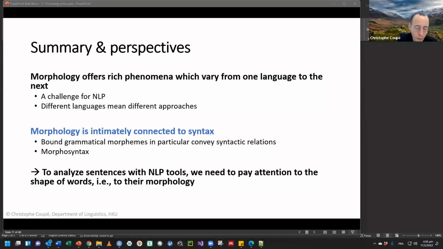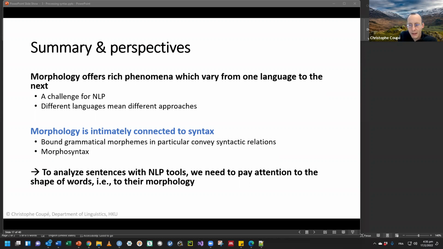That's something quite common in Bantu languages. If you want to do NLP with these languages, then of course you need to deal with that, and you don't need to deal with that in French. Does that make sense? That's something you need to pay attention to.